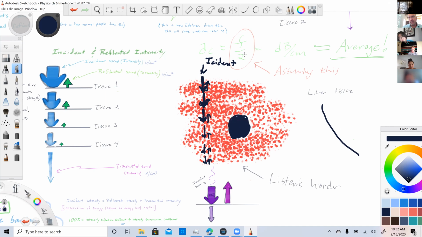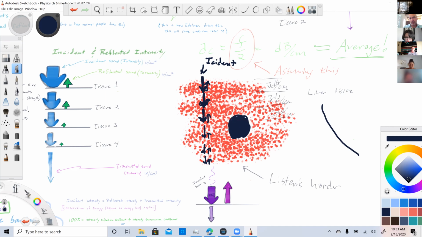Let's say it was right there at the half. So 3 decibels per centimeter, and then 3 decibels per centimeter, and then it gets to the cyst.